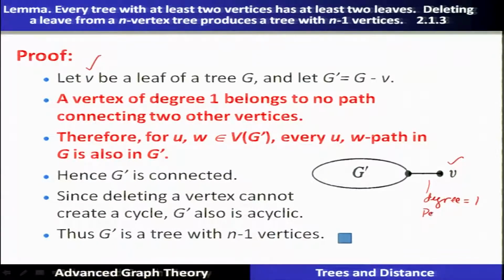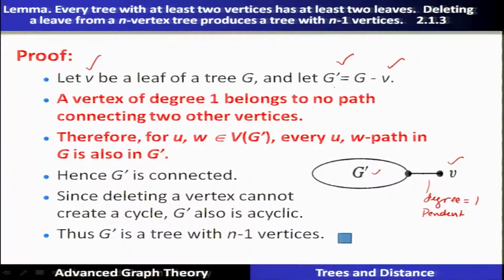Why? Because this is a pendant vertex, a property of a pendant vertex. So there is one edge connecting it to some node in the remaining part of the graph. Let us call it G prime, defined as G minus this vertex. If we remove it, this will be G prime.